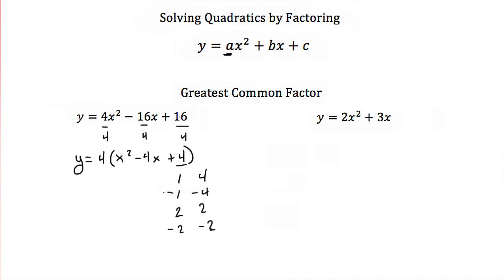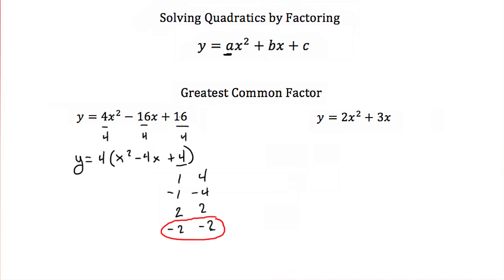So do any of these pairs of numbers add together to get a negative 4? And the answer is yes. It's this last set right here. If we have a negative 2 and a negative 2, that will multiply together to get us 4 and add together to get us negative 4.